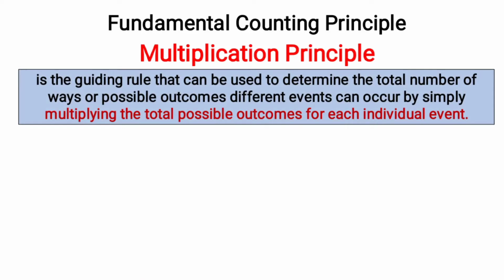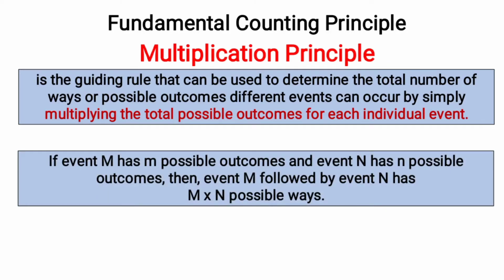It is a guiding rule that can be used to determine the total number of ways or possible outcomes different events or situations can occur by simply multiplying the total possible outcomes for each individual event. So if event M has M possible outcomes and event N has N possible outcomes, then event M followed by event N has M times N possible ways.